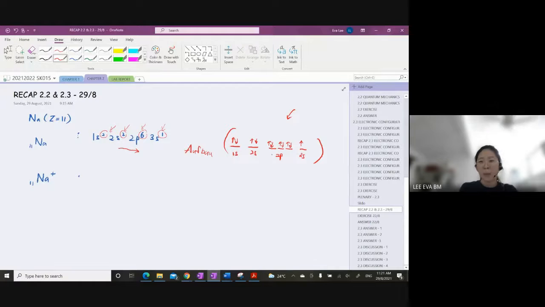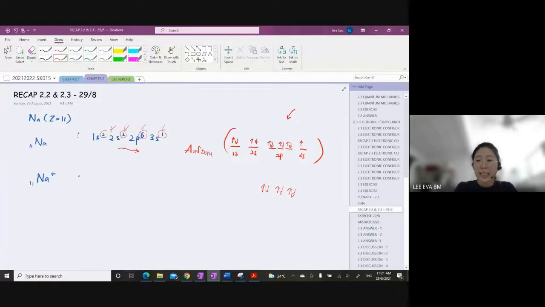Awak tak nampak pun sebenarnya dia isi 2 dulu macam ini ataupun dia singly before pairing up. Tak nampak sebab diagram ni memang sedia ada, sudah bagi dalam soalan. So you didn't see any Hund's rule applied. So in this case, nothing to do with Hund's rule.